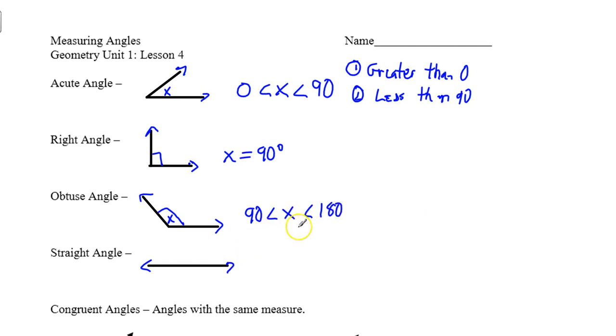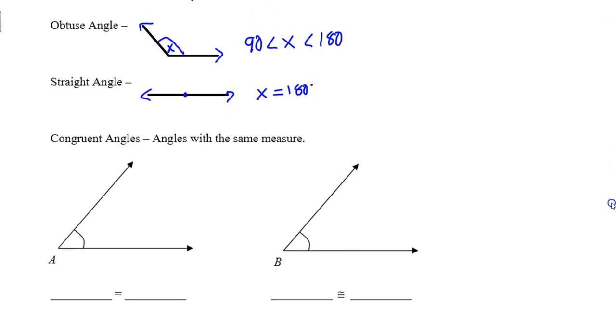And we can write that as an inequality there. And then a straight angle is exactly 180 degrees. So hopefully those are familiar terms to you. Shouldn't be something totally new, but it's important that we get the detail correct.